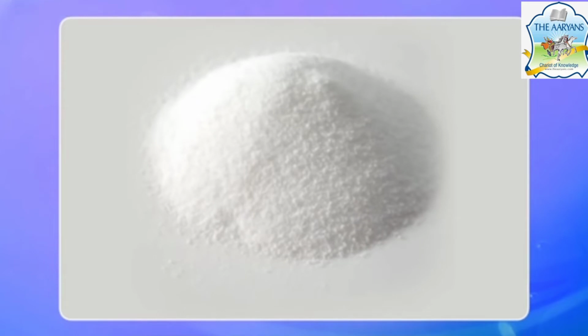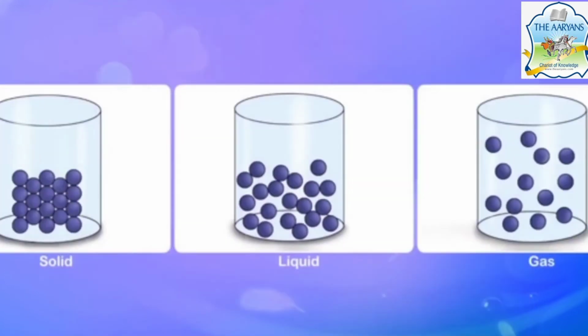Molecules cannot be seen with the naked eye. They are very tiny particles. Look at this example. The state of matter is determined by the way molecules are arranged in the substance.